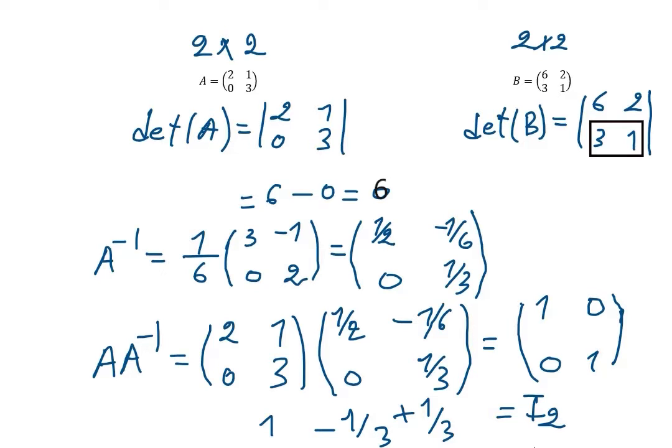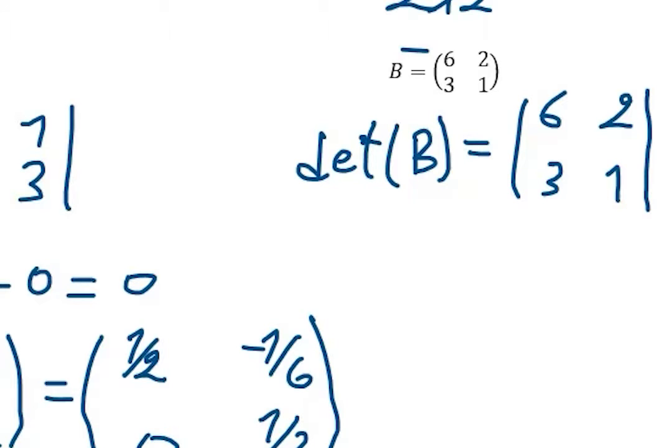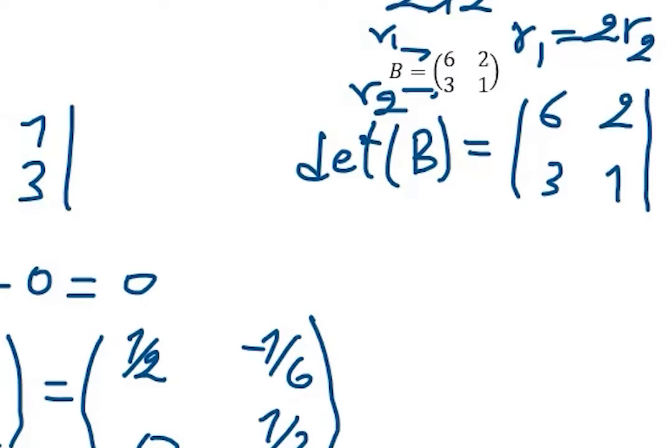That means when we multiply the second row by 2, we get the first row. Naming them row 1 and row 2, we get R1 equals 2 R2. That means the determinant of B is equal to 0, because when we have two proportional rows or two proportional columns, the determinant is always equal to 0. And when we have a row or a column of zeros, the determinant is also always equal to 0.